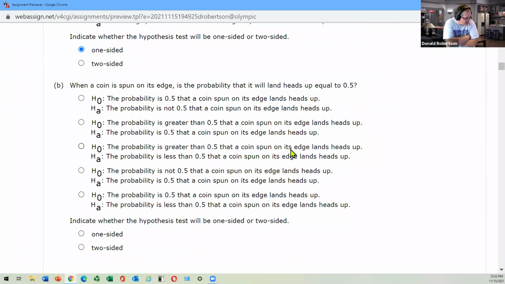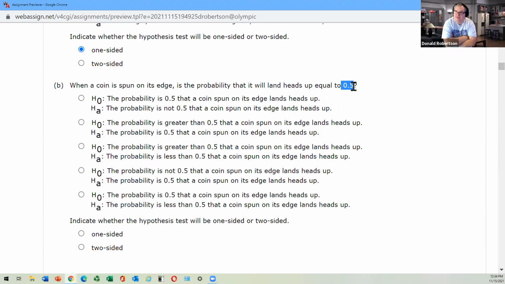When the coin is spun on its edge, the probability that it will land up equal to 0.4. Okay. Now, won't the null hypothesis be that it is 0.5? What would the alternate be? Well, what's the opposite of it not being 0.5?